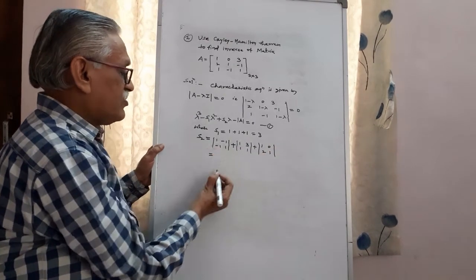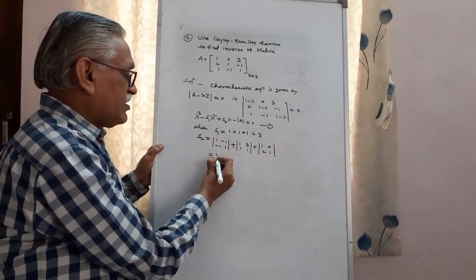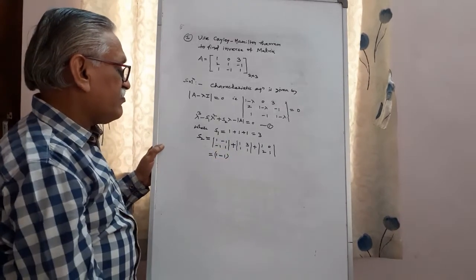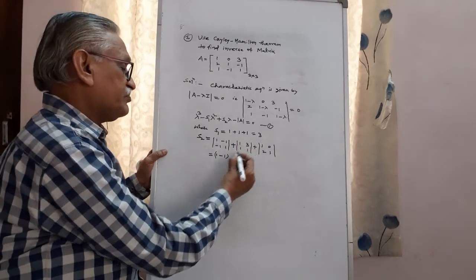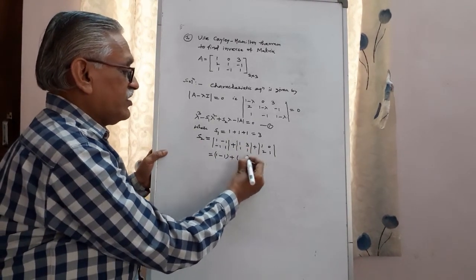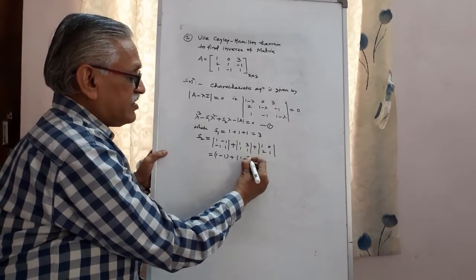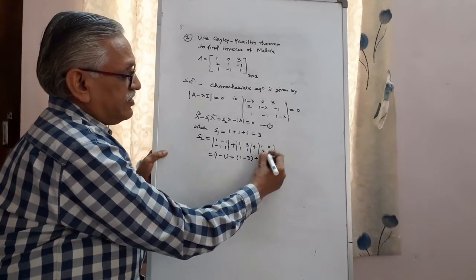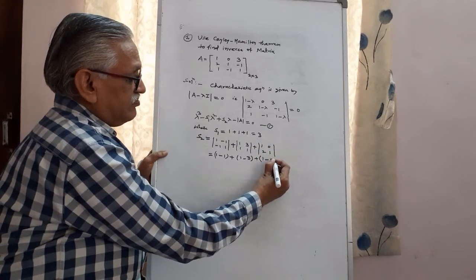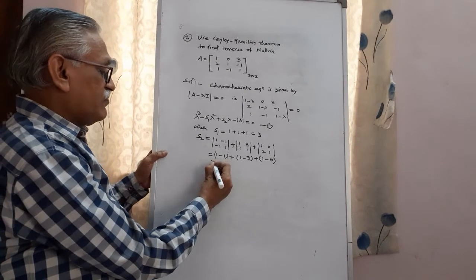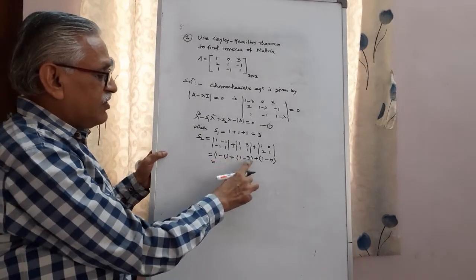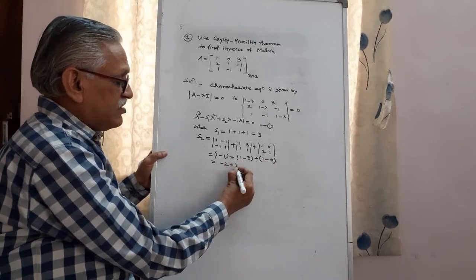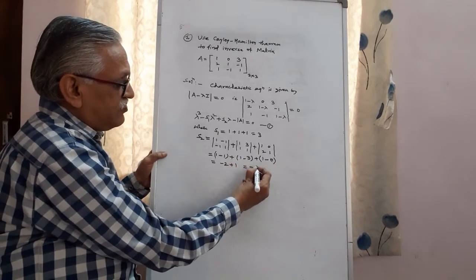Therefore, finding the values: 1 into 1 minus 1, then 1 into 1 minus 3 is minus 2, plus 1 into 1 minus 2 times 0. If you simplify, this is 0, minus 2, plus 1, minus 2 plus 1 is minus 1.